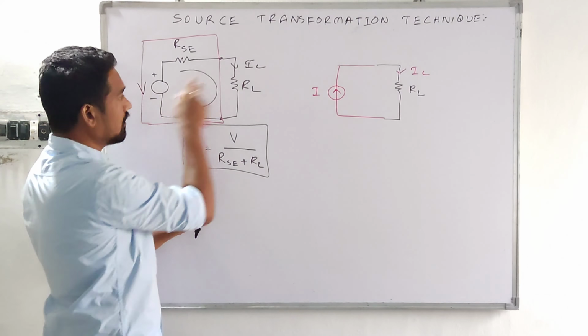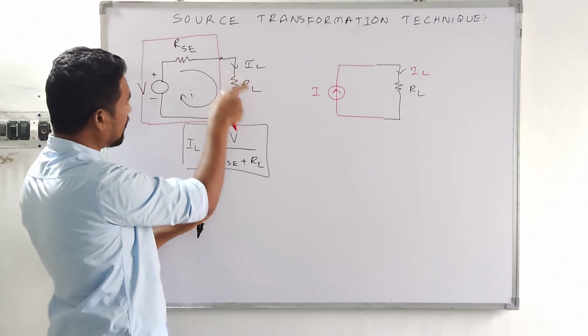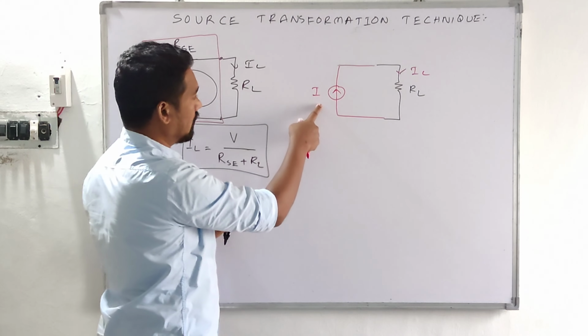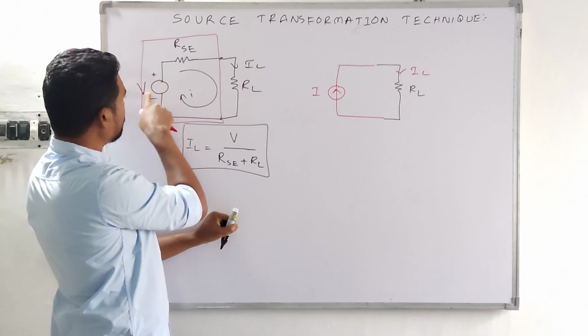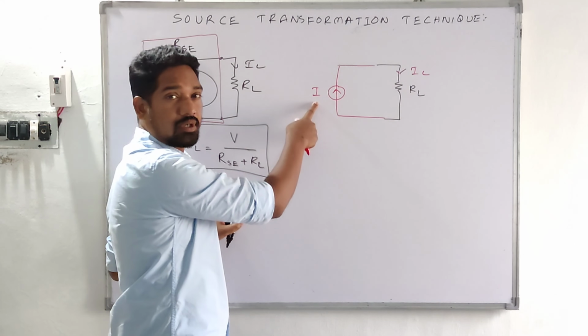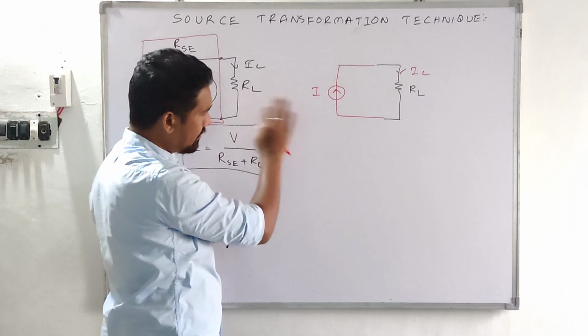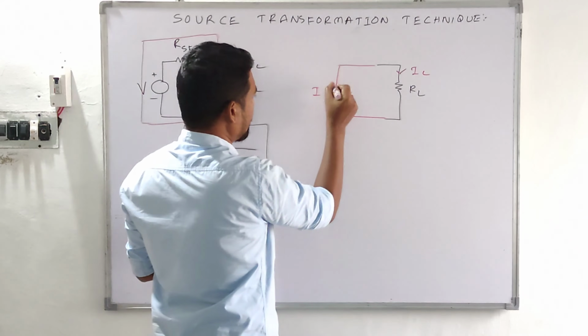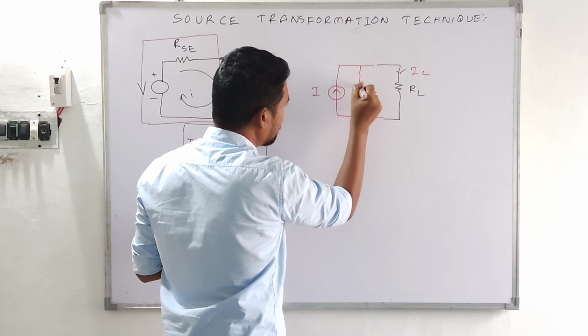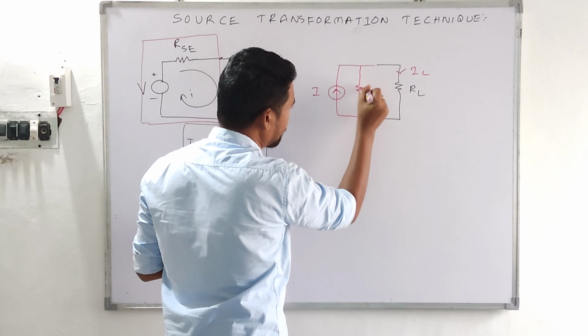Why? Because having known these values, we cannot go for just any value of current source. There is some interconnection. And the current source has a shunt resistance RSH.